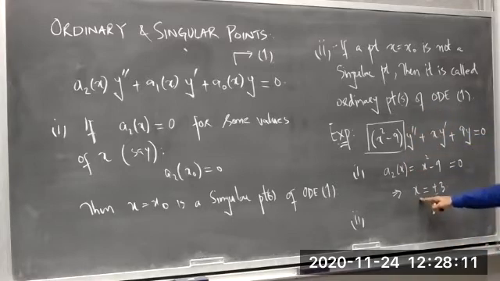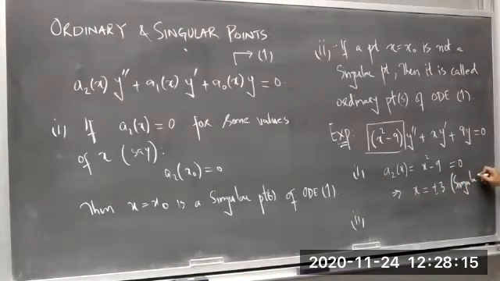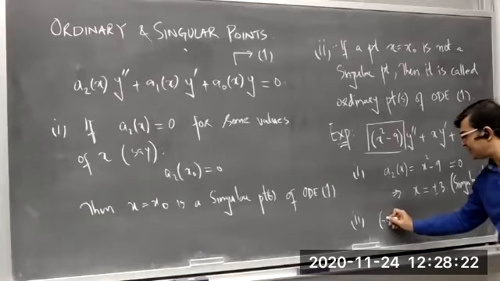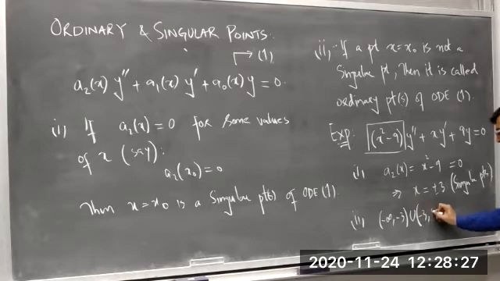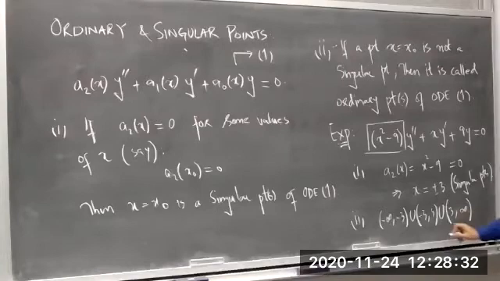So these are singular points, and all other points except these, which you can write as minus infinity to minus 3, union minus 3 to 3, union 3 to infinity, are ordinary points. I hope you get it. If you have any question, you can ask me.